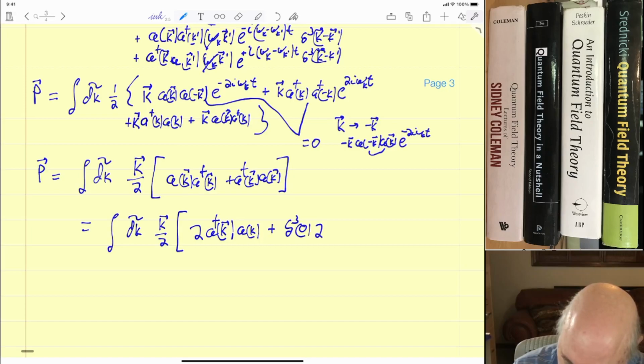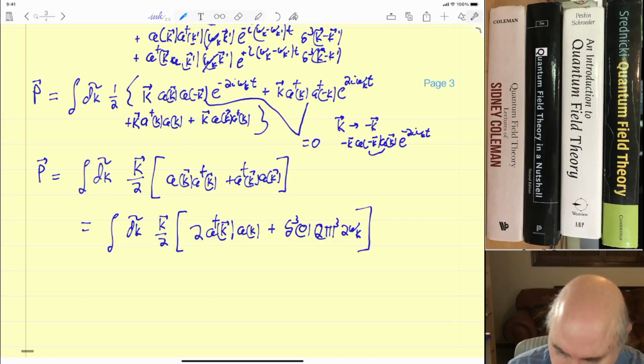With the convention Srednicki is using, it's a 2 pi cubed and a 2 omega k here, I think. But it doesn't matter. Unlike the 0 point energy for the Hamiltonian, this is just an integration of a vector. Again, k goes to minus k, and it's 0.